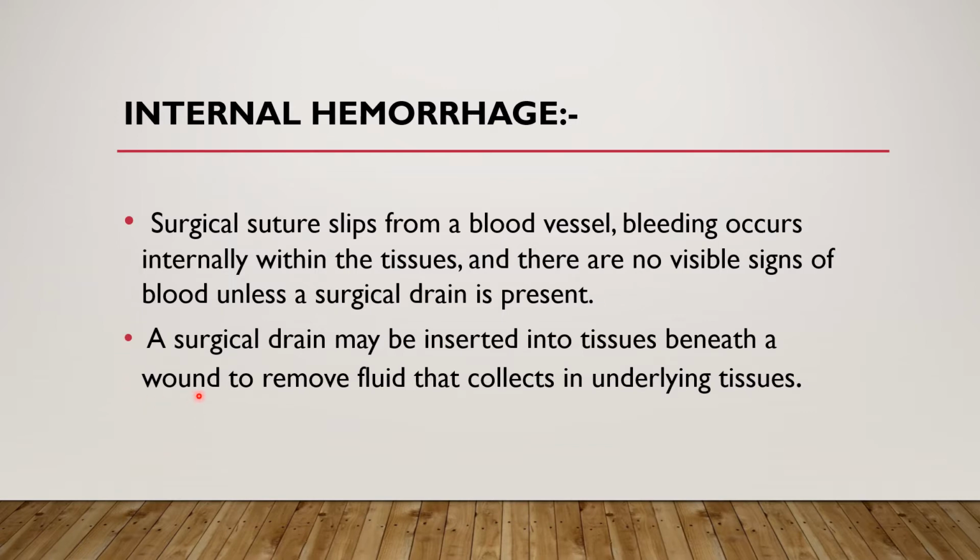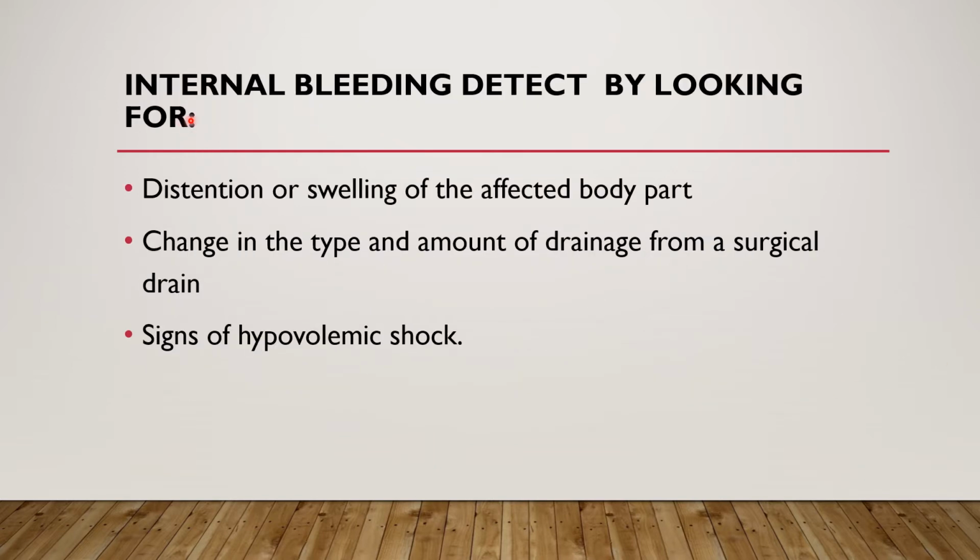The function of surgical drainage is to help remove the fluid that is collected inside. Surgical drainage may be inserted into the tissue beneath a wound to remove the fluid collected in the underlying tissue. How can you detect internal bleeding?